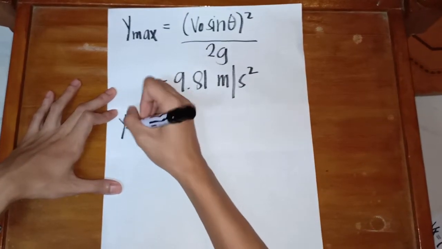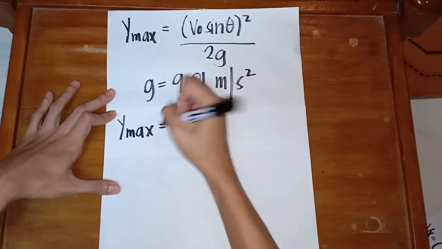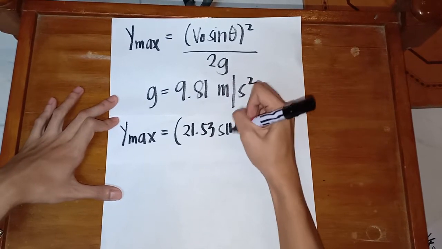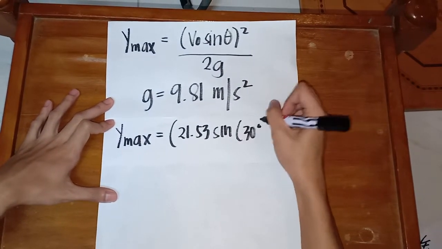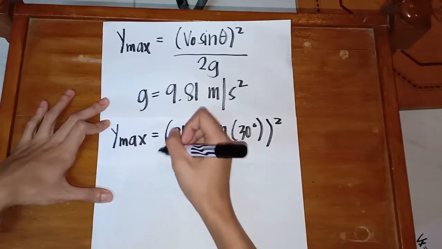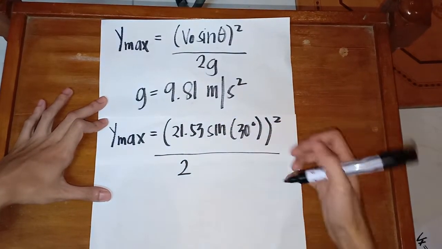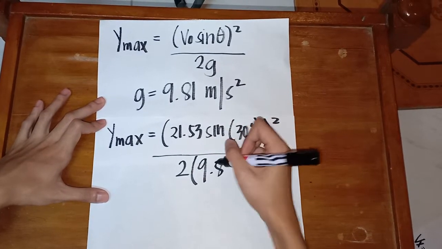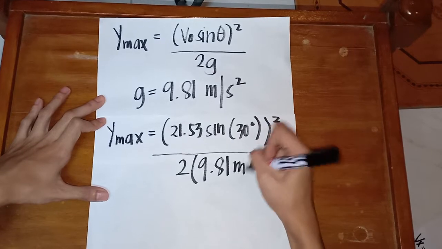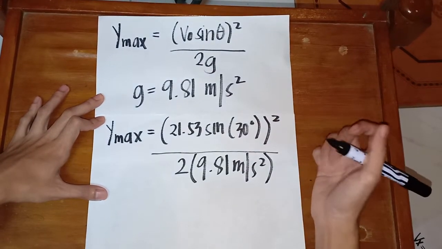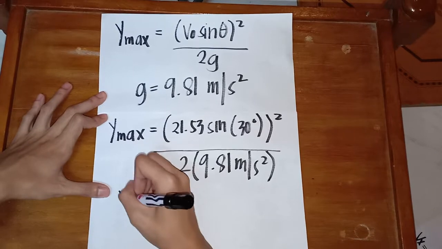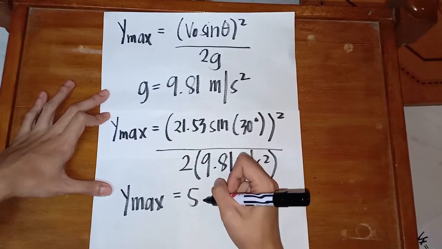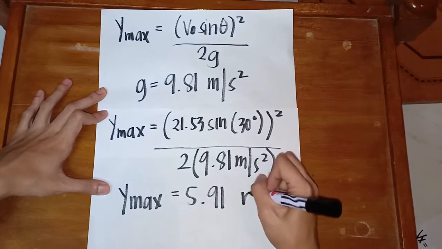So, magiging y max is equal to 21.53 sine 30 degrees, square natin yan, over 2 times yung acceleration natin na 9.81 meter per second squared. Kapag in-input nyo sa calculator tong equation na to, makakuha tayo ng maximum height na 5.91 meters.